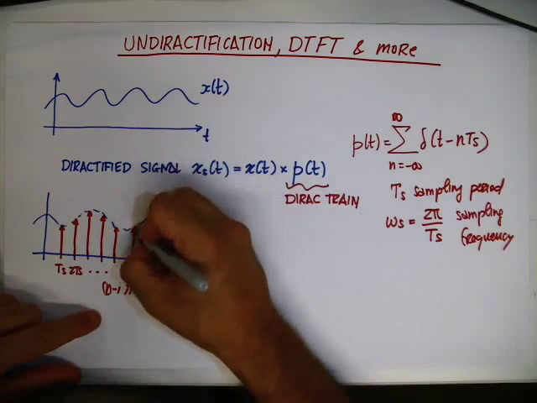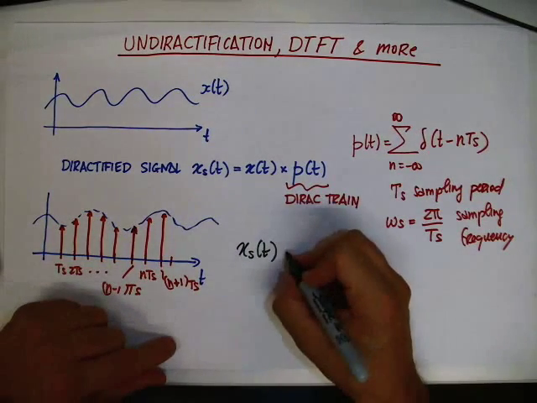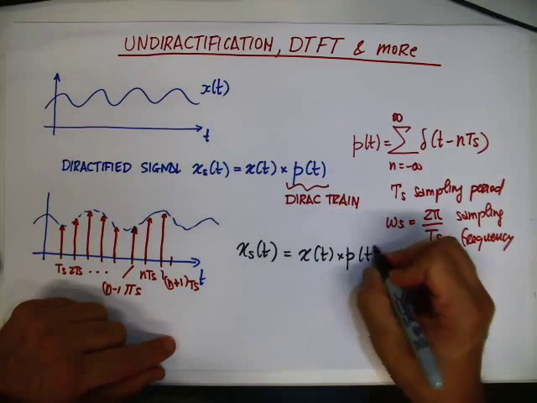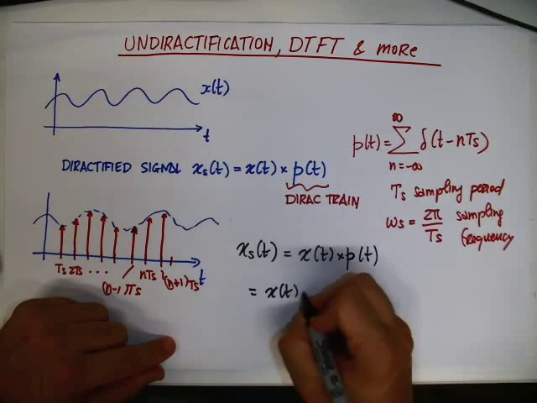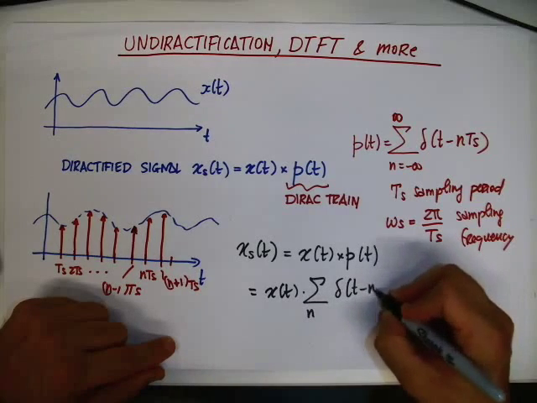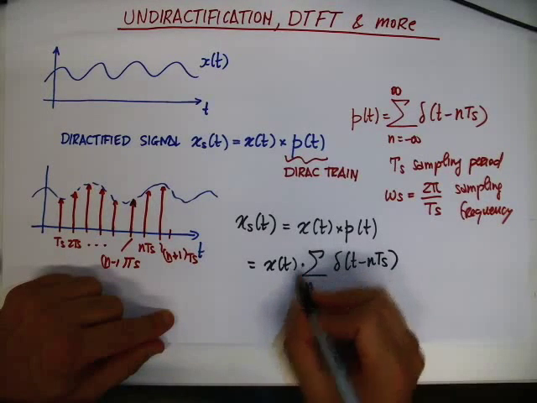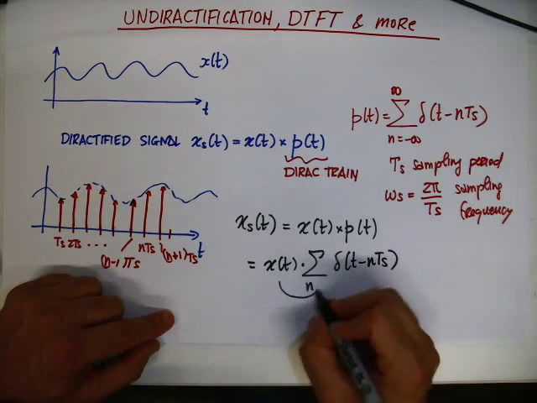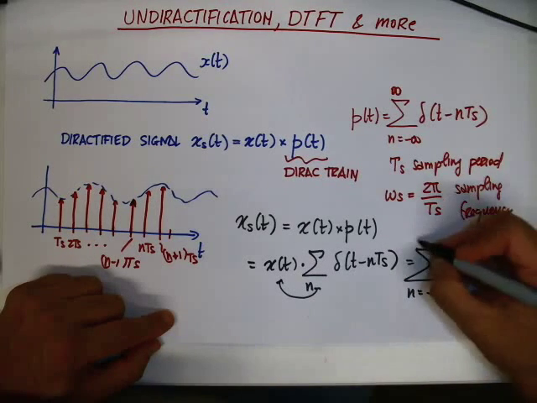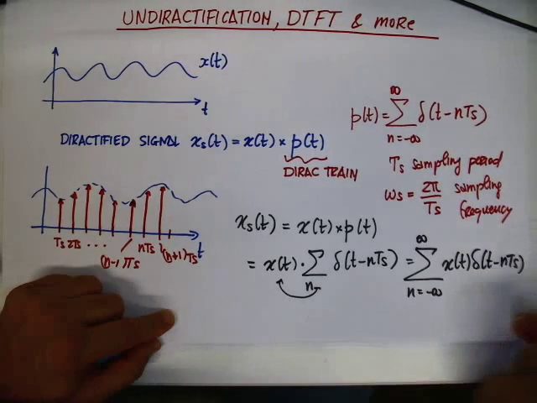And we know that it was easy to show that when I do x of t times p of t, this is equal to x of t times the infinite sum of delta t minus nts. But because the multiplication is distributive, I can swap these two things and get the sum of x of t delta t minus nts.